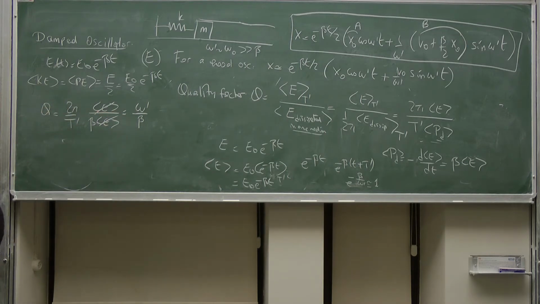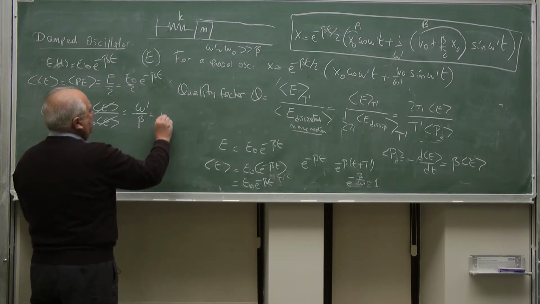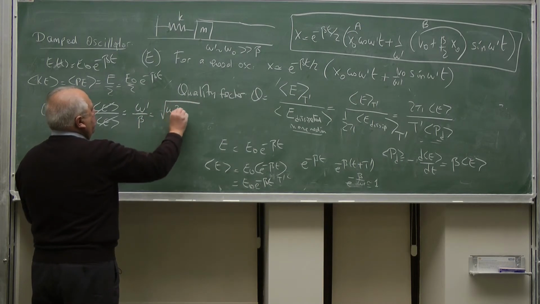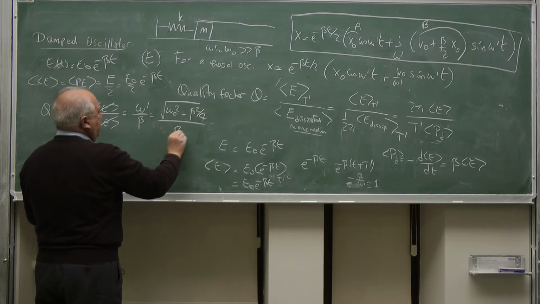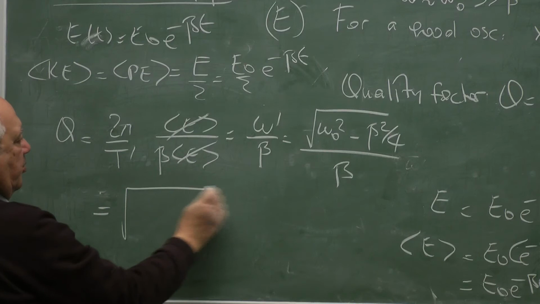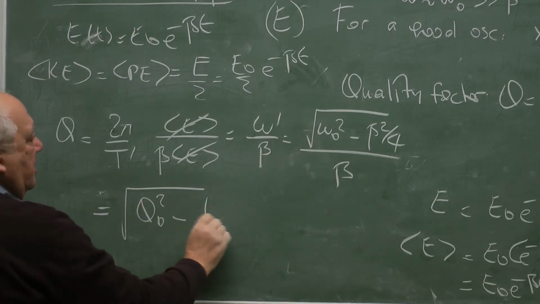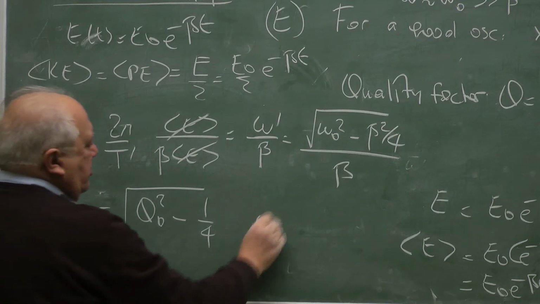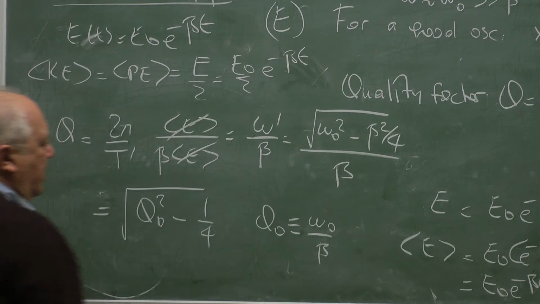Okay. Now omega prime is root of omega 0 square minus beta square over 4, over beta, which I can write as root, putting beta inside, Q0 square minus 1 over 4, Q0 being defined as omega 0 over beta.